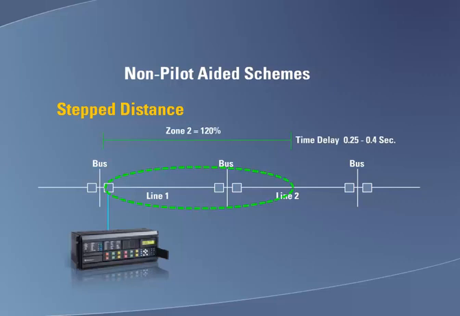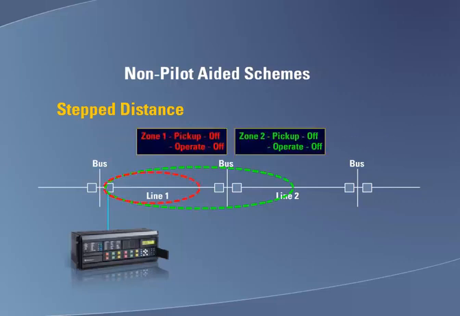Using all of the characteristics we have just discussed, Zone 1 and Zone 2 have the ability of protecting the entire length of the transmission line in the following way. Any faults that occur at the beginning of the transmission line will be picked up by both Zone 1 and Zone 2, as seen by the status of their pickup flags. Since Zone 1 has no intentional time delay, its operate flag will turn on immediately.